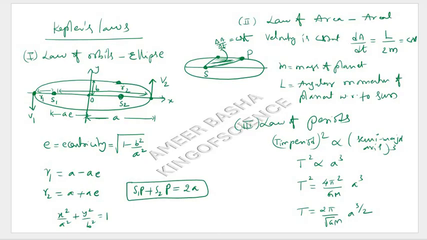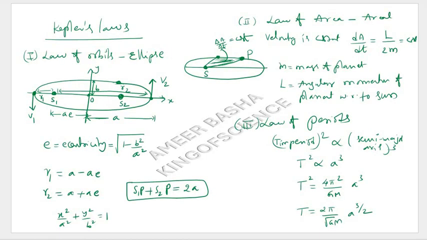Apart from this, when the planet is in an elliptical orbit, the total energy is always constant, that is the sum of kinetic energy plus potential energy. The kinetic energy at any point is half mv square, and the potential energy is minus GMm by r, and the sum will always be constant.